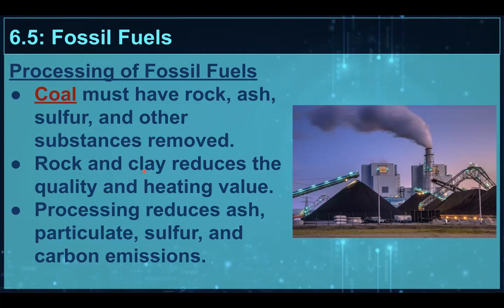But these things are going to reduce the quality of our coal and the amount of heat that we're going to get from the coal as well. So we're looking to remove the impurities, not only to increase the heating value, but also to reduce the amount of emissions that we will get from that coal.